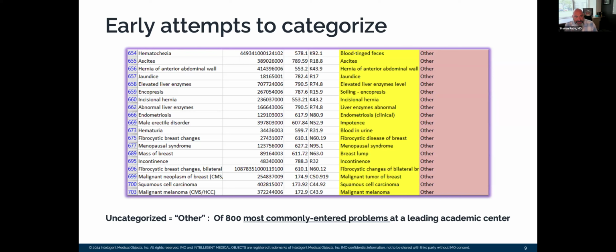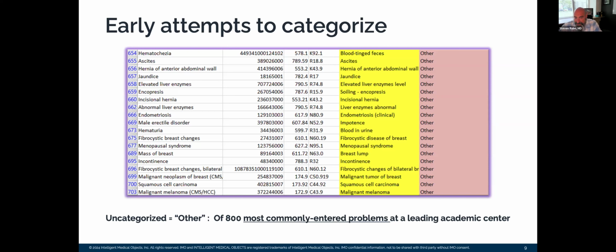Here's an example of a list of problems taken from a real medical record, a real chart. And you see the problems in yellow, and the category they were all placed in was other. And one study had it anywhere as high as 40% of the problems ended up in other, but the average was around in the high 20s to 30% of problems could end up in other.